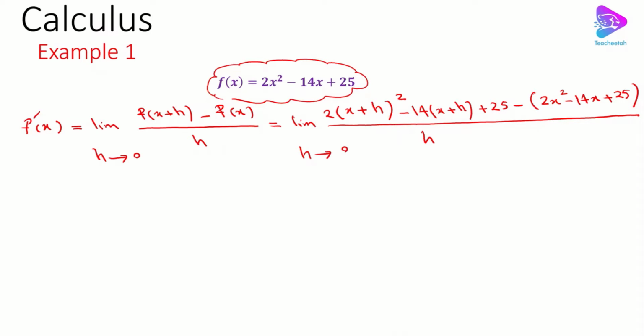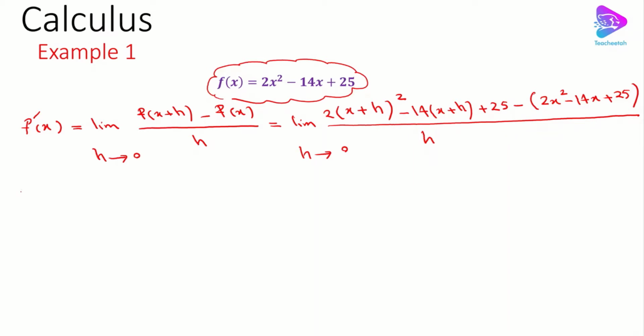Okay, now if we plug in h equal to 0 in here, it's going to be again an indeterminate form, and what we have to do first is expand the terms that can be expanded, like (x plus h) squared, and the other one is this multiplication, minus 14 times (x plus h).